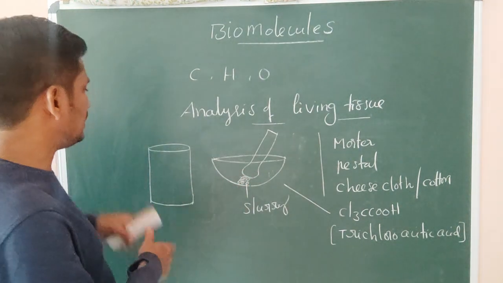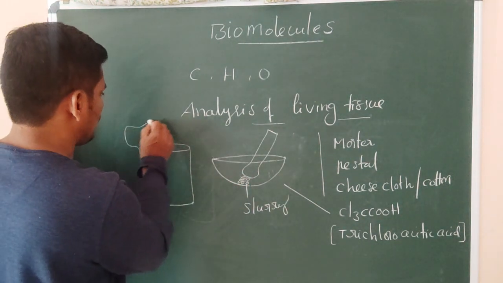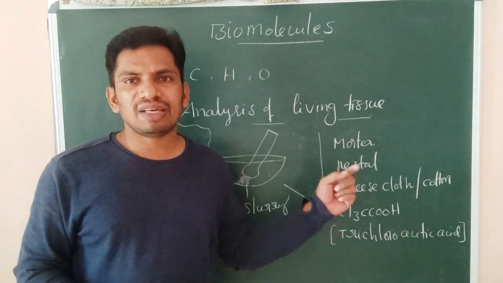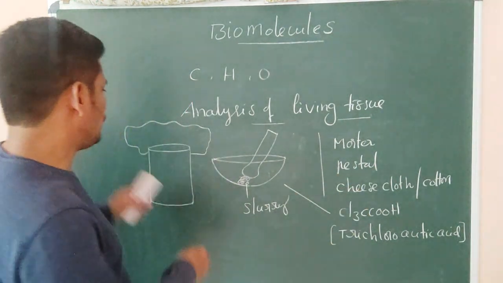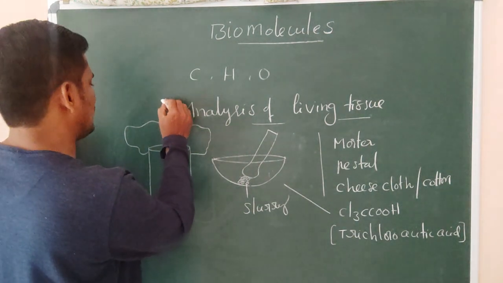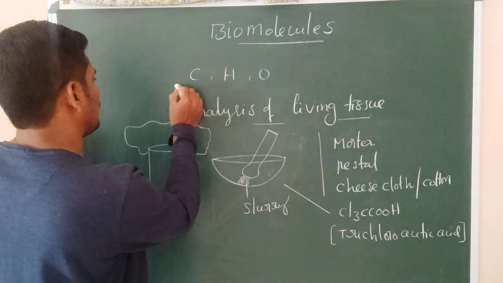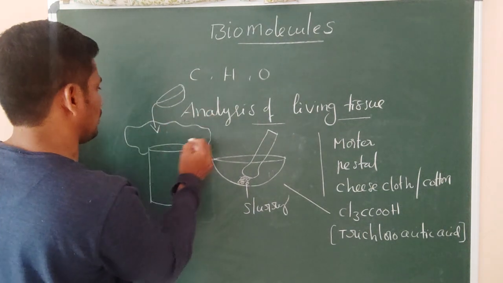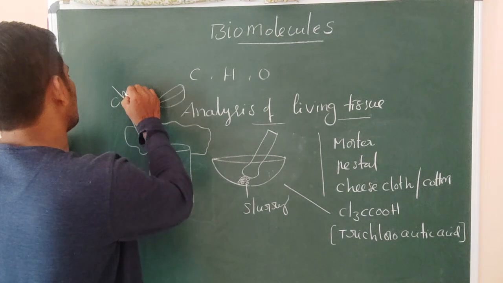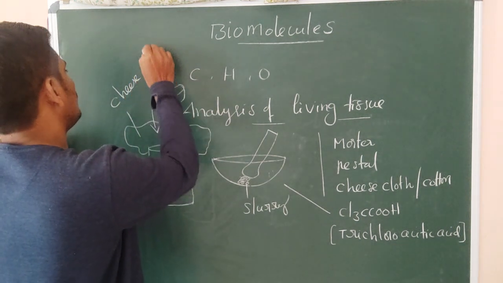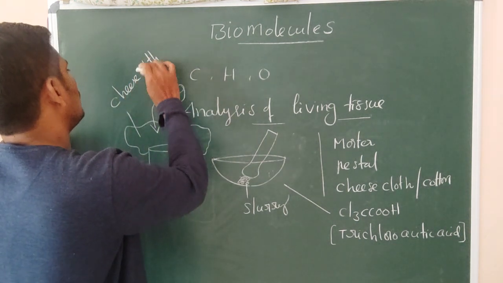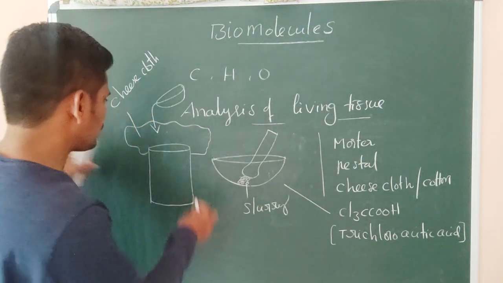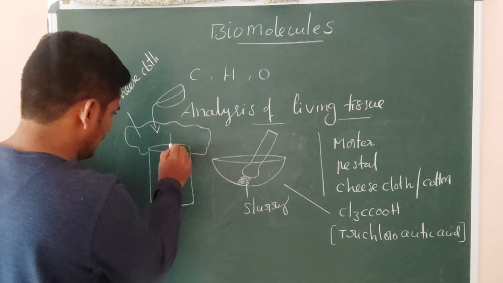This should be filtered through the cheesecloth or cotton. Using the cheesecloth, we have to filter this material that we have taken from the mortar. This is the cheesecloth. By using this, we filter this one.